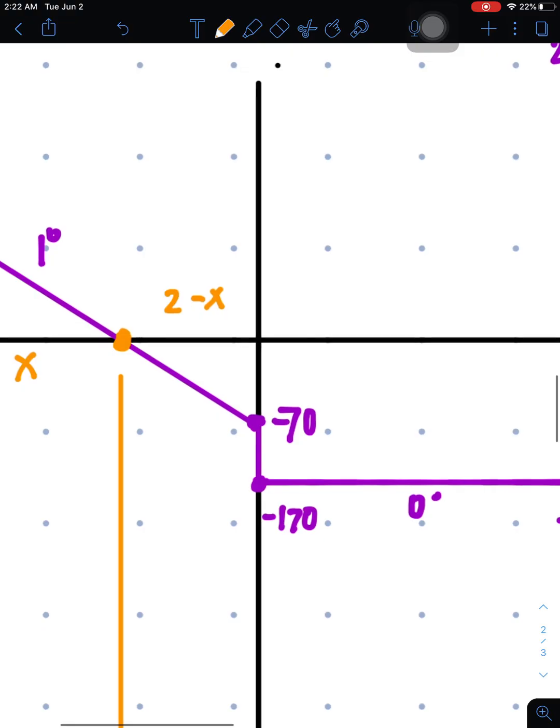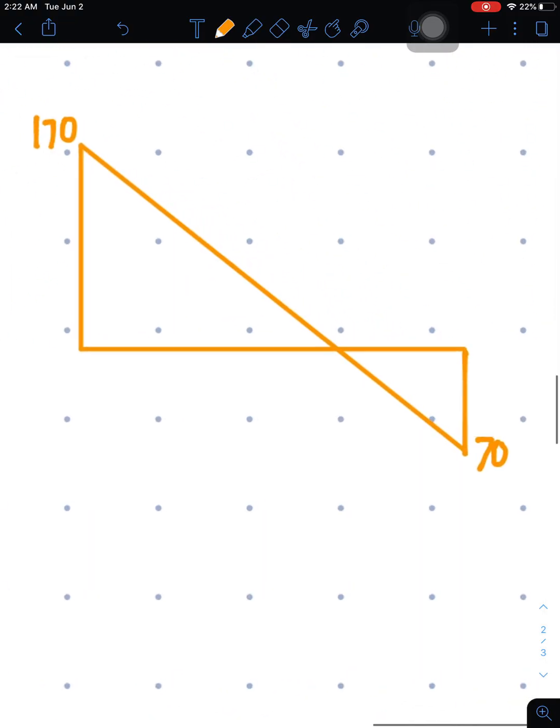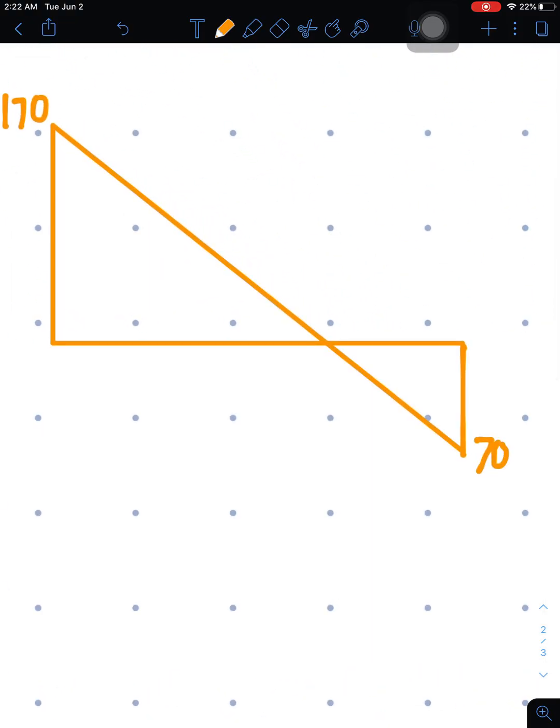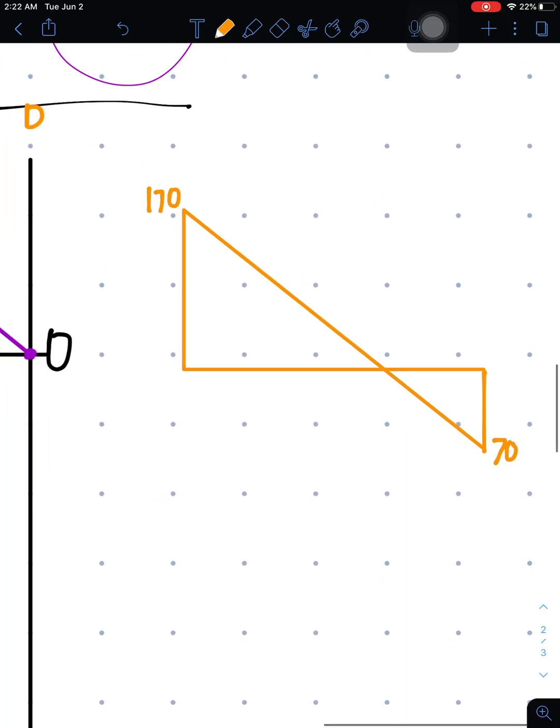I'm just copying that one here. I will just be using the positive or absolute value of the negative 70, because we're computing a real distance, meaning the distance shouldn't be imaginary or irrational. So this is now our value x, and this is 2 minus x.